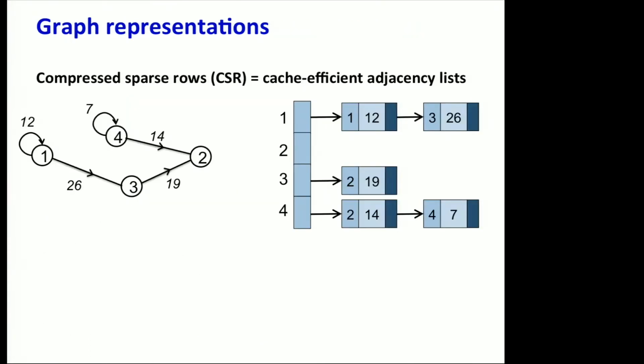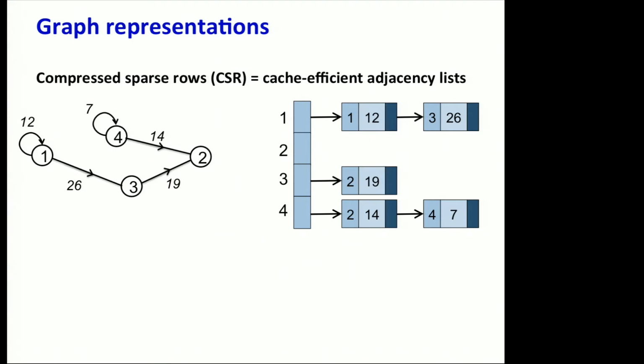Let's go back to the common graph representations. This is the sparse matrix representation that I've talked about. In this picture, you see a textbook adjacency list of the graph on the left, where there is an O(n) array that represents the vertices, and every single vertex has a list of all of the neighbors of that vertex.